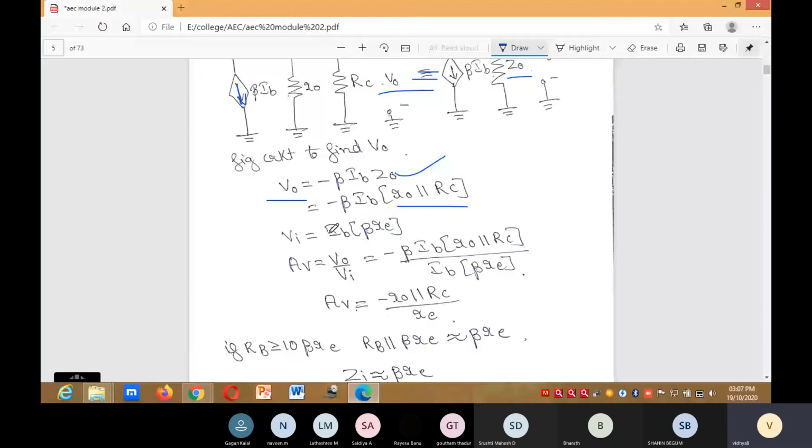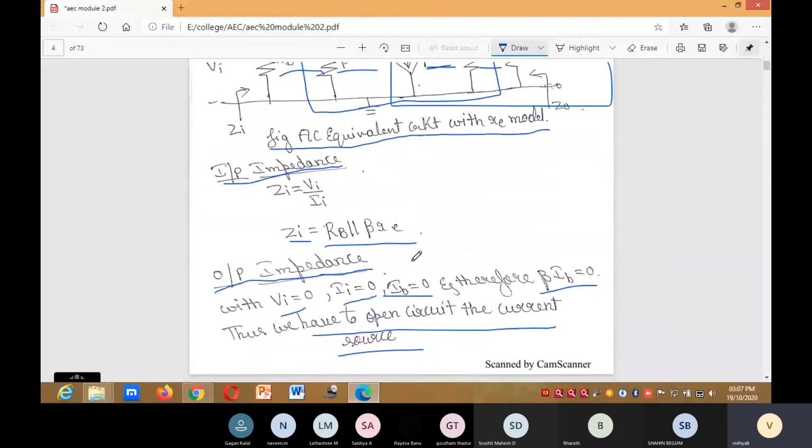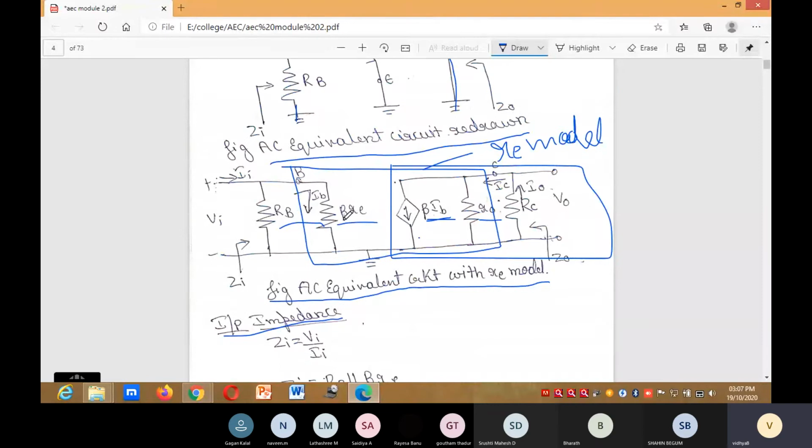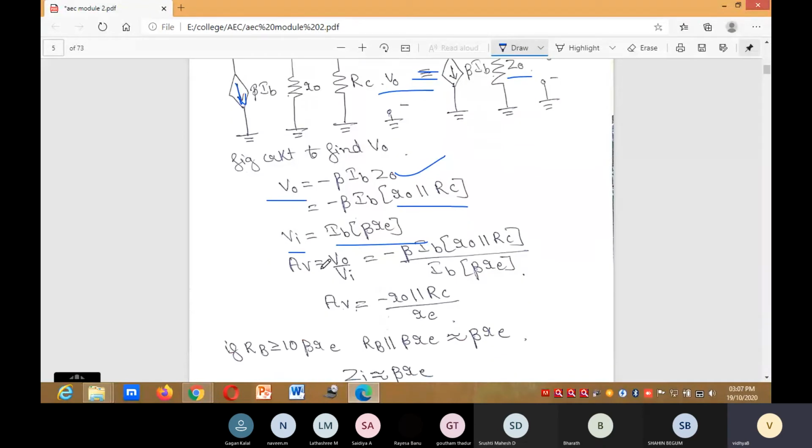Input voltage Vi is equal to Ib into beta Ie. You can observe in the figure, Vi is equal to Ib into beta Re. That is the input voltage. Av is the voltage gain, output voltage divided by input voltage.